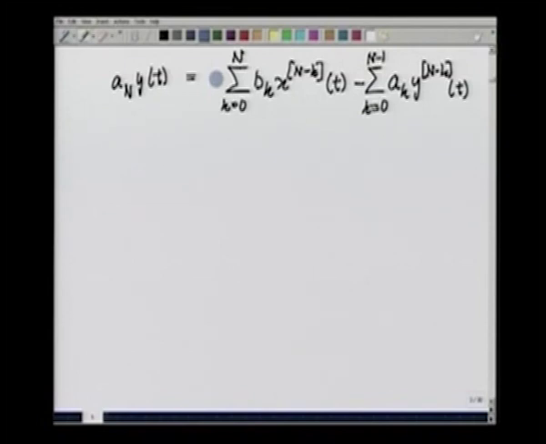In order to do that, we simply erase this and write instead one by an on the right side, and enclose the rest of the expression in brackets.